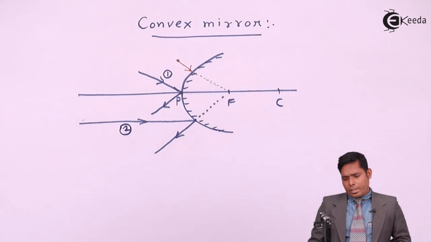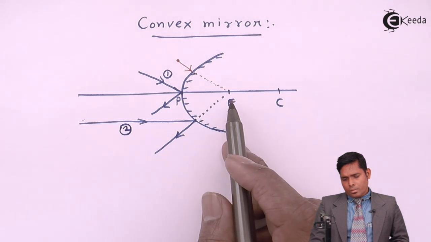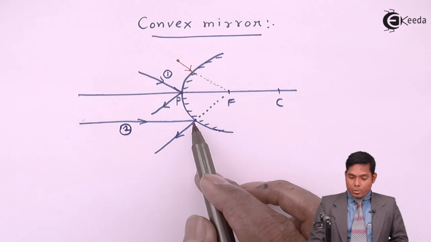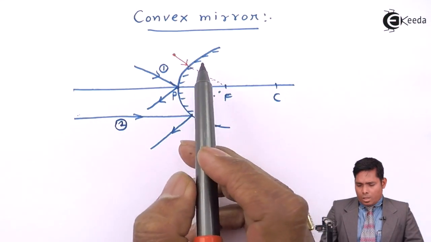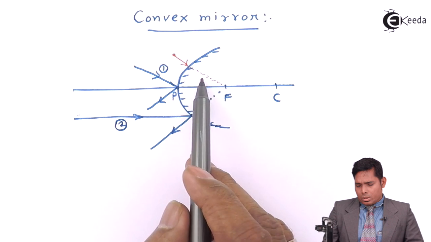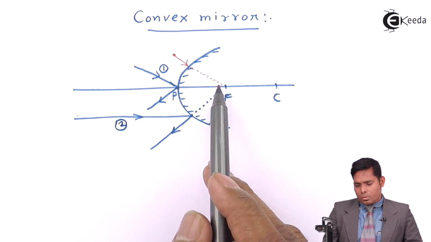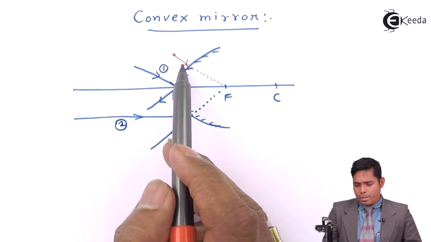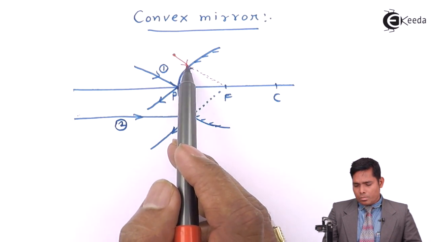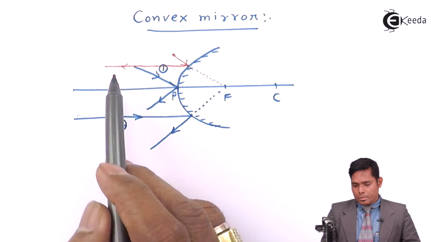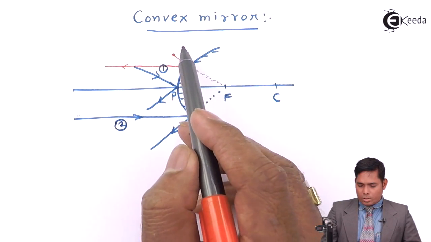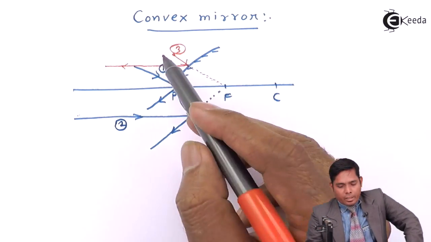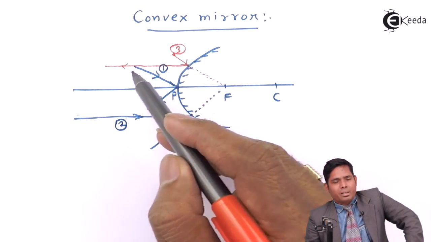Any ray which is directed towards the focus must be reflected parallel, because rays coming parallel appear to come from focus. Now, any ray which is coming towards the focus will not pass through focus, that we know, because it has to be reflected back. It cannot move to the other side, it has to be reflected back. In what direction will it be reflected back? It will be parallel, always parallel. This is the third situation that we have. The rays coming parallel appear to be passing through focus, and the ray coming towards focus is parallel after reflection.